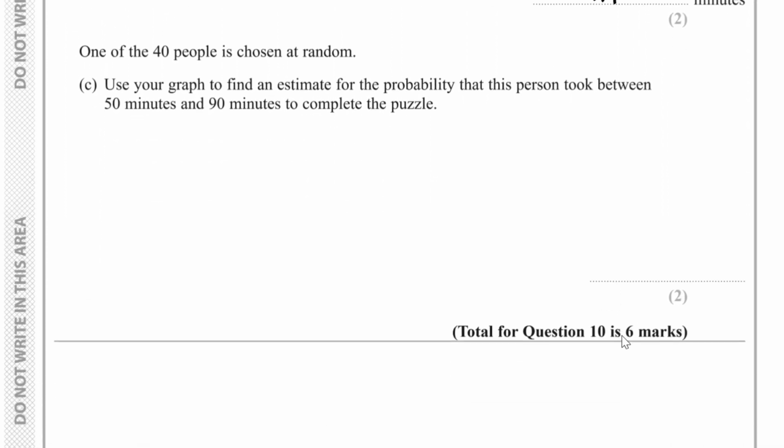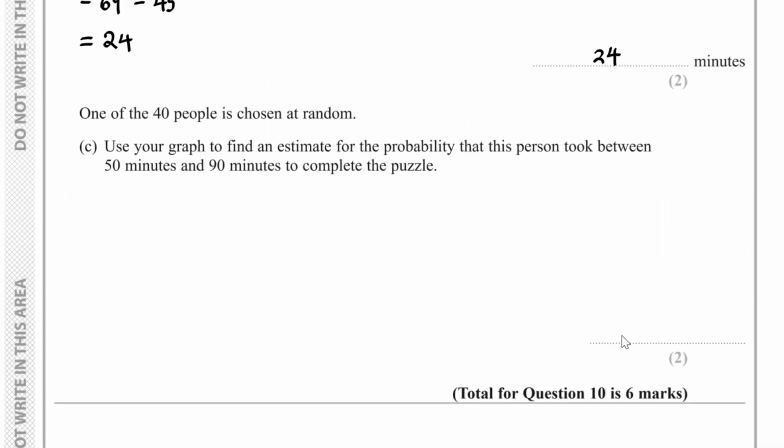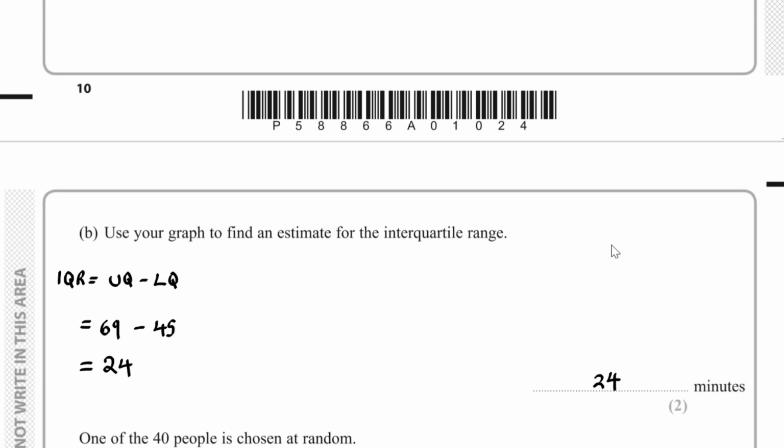And now for part C of the question, one of the 40 people is chosen at random. We have to use the graph to find an estimate for the probability that this person took in between 50 minutes and 90 minutes to complete the puzzle.